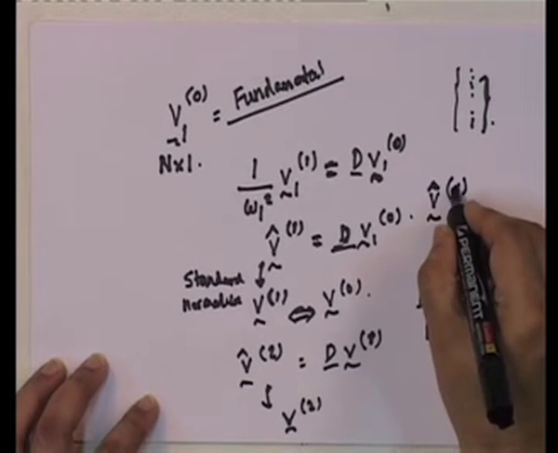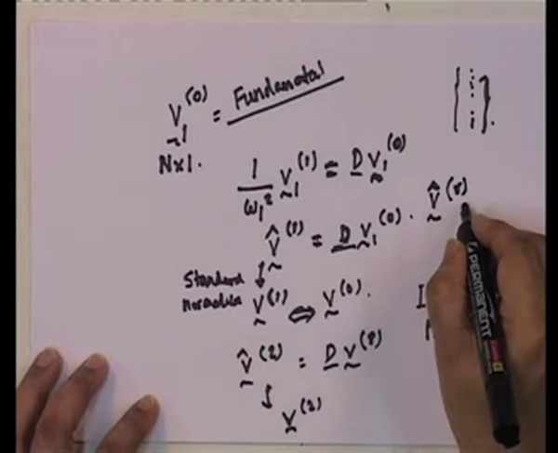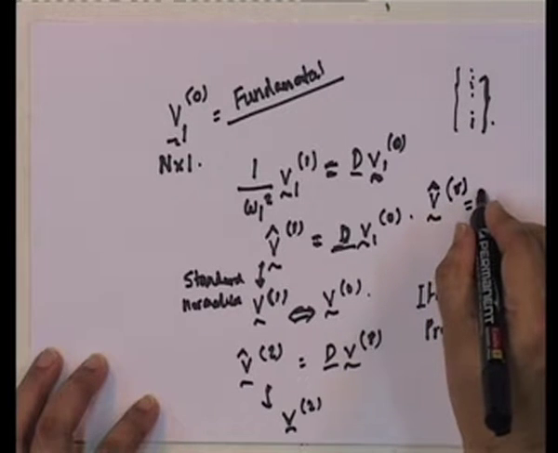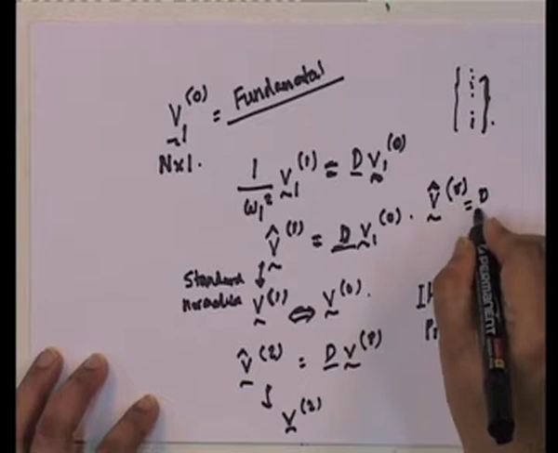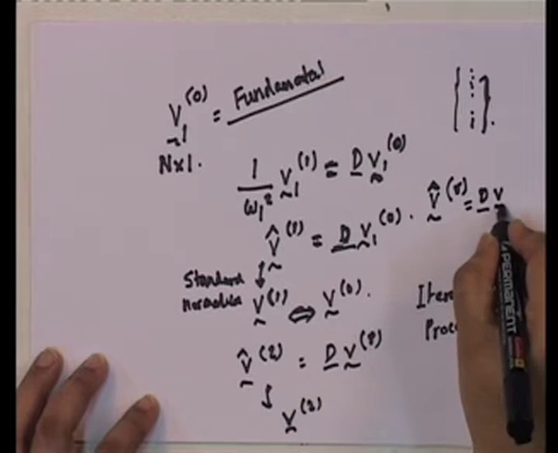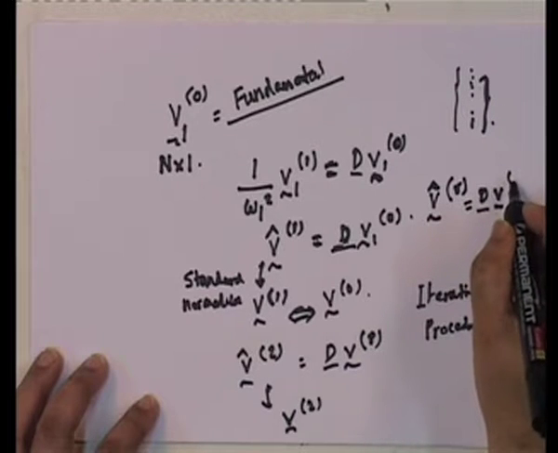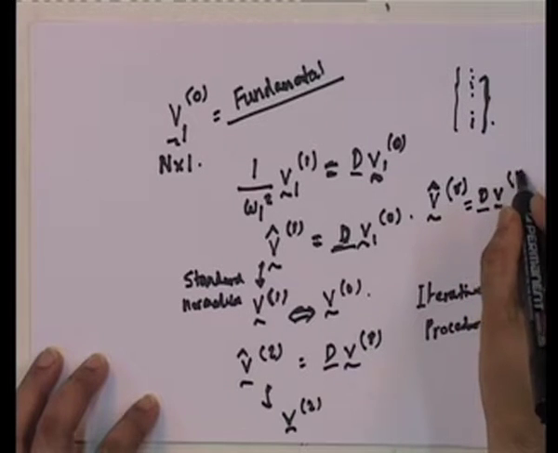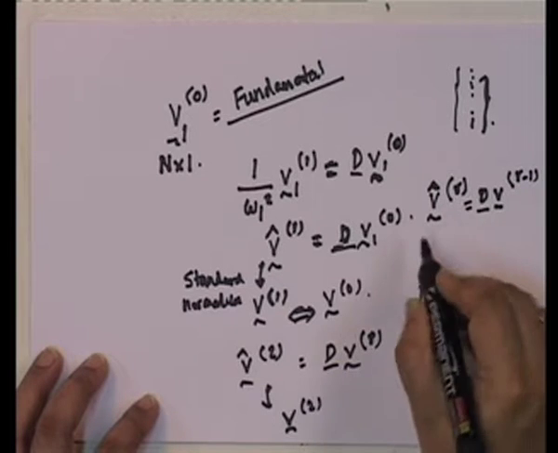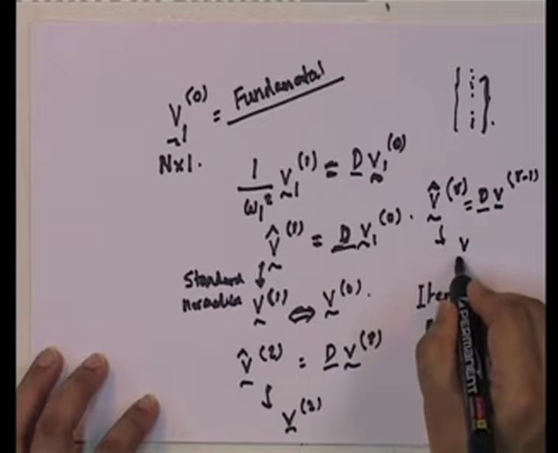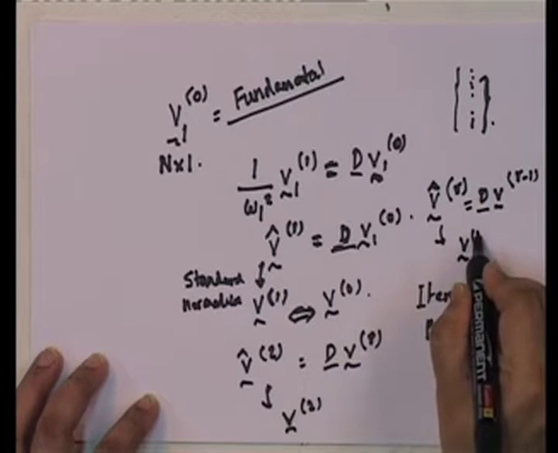at some rth iteration, this is equal to the (r minus 1) term, right? And from that you find out V r.